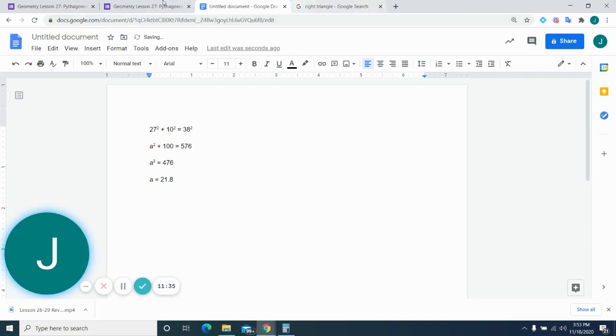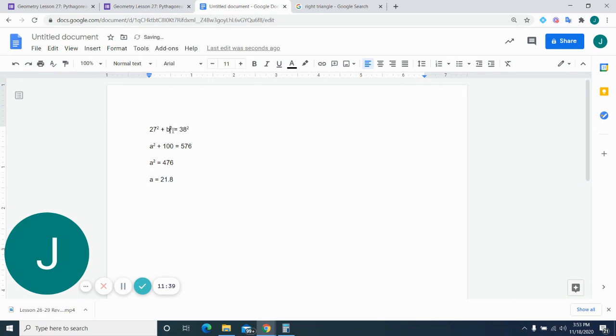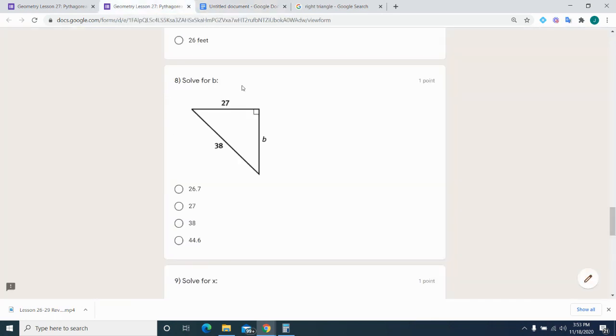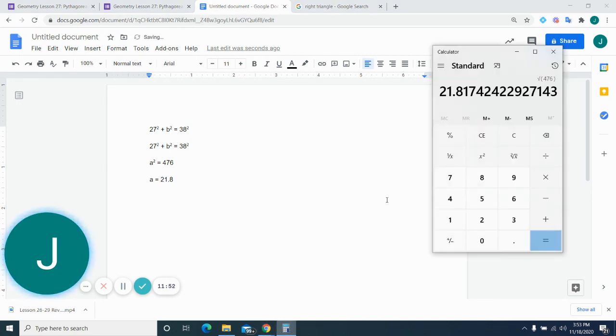And this time B is the one that we don't know. So it's 27 squared plus B squared equals C squared. And so let's take this and solve the things that we know. So let's do 27 squared. 27 squared is 729.